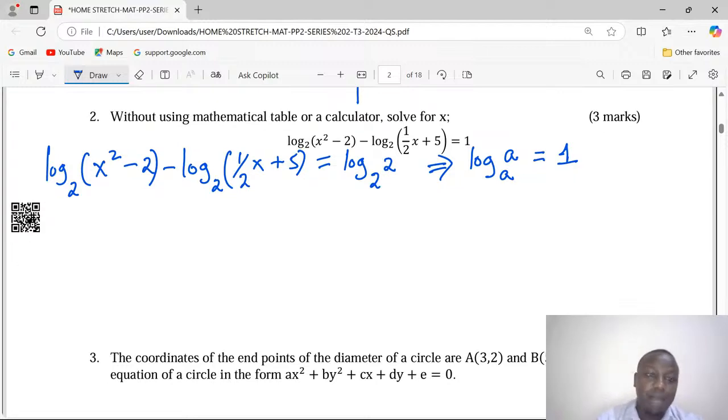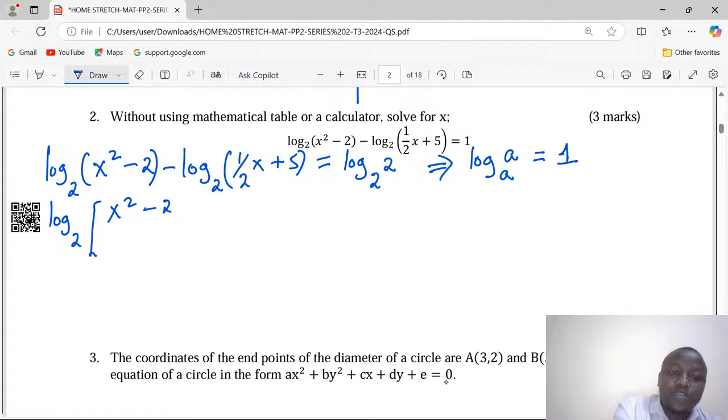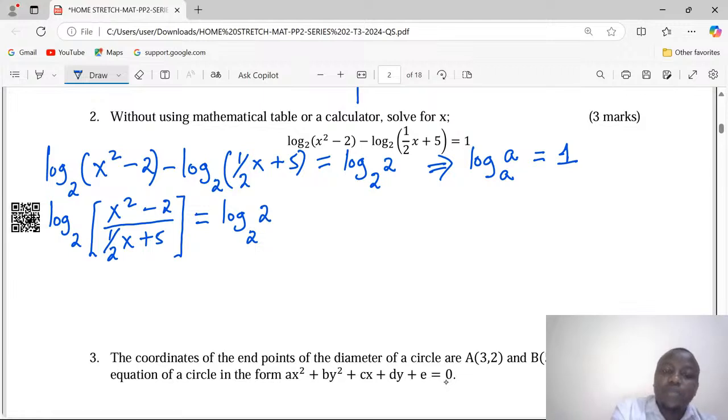Okay, now we can apply the second law of logarithms, whereby I will say the logarithm to base 2 of x squared minus 2, divided by half x plus 5, is equal to the log of 2 to base 2.